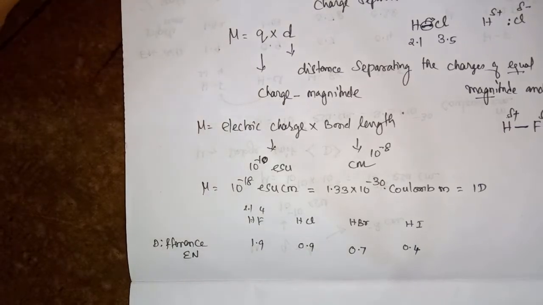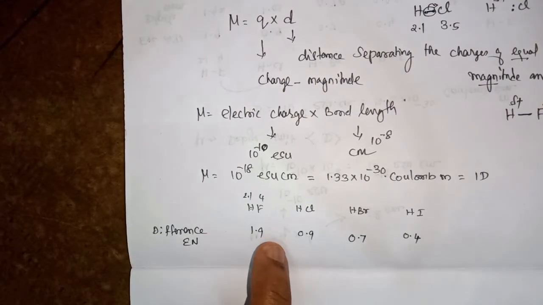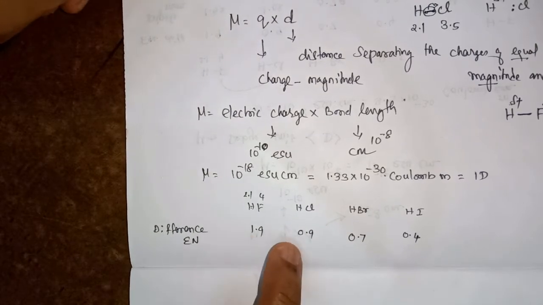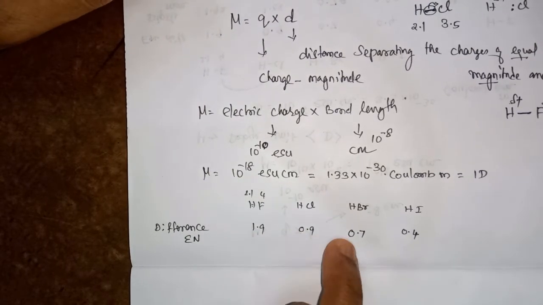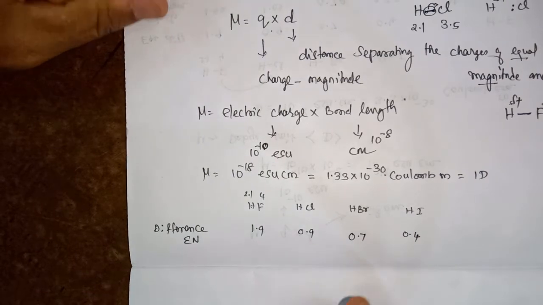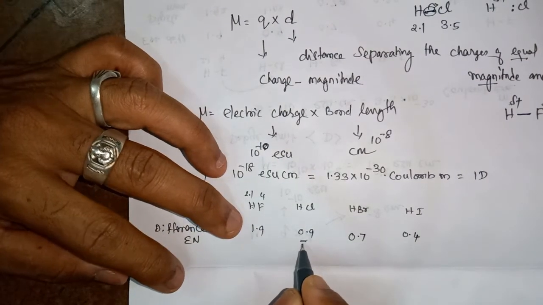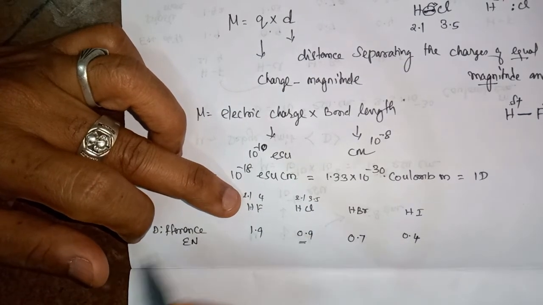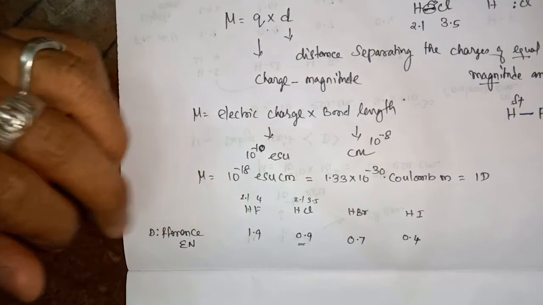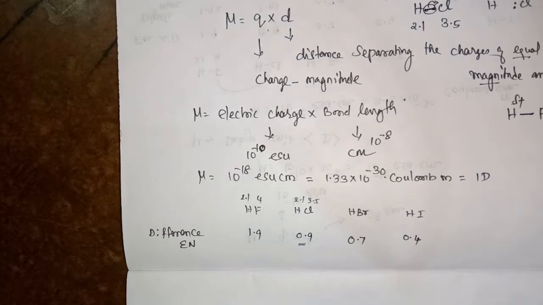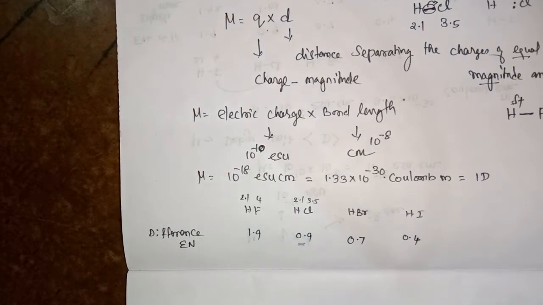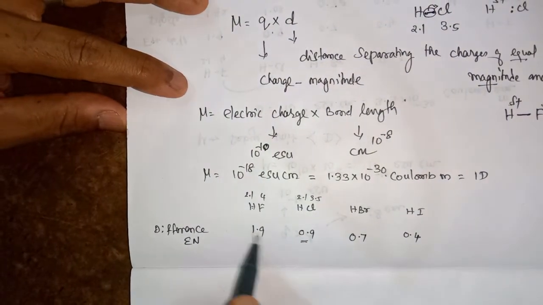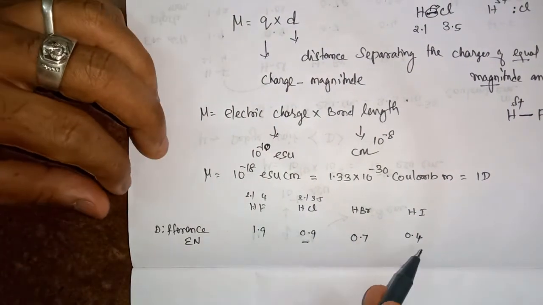So HF is 1.9, then 0.9, 0.7, 0.4. Here hydrogen is 2.1 and chlorine is 3.0, so the difference is 0.9.